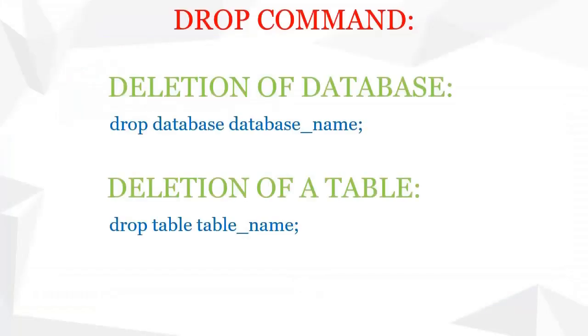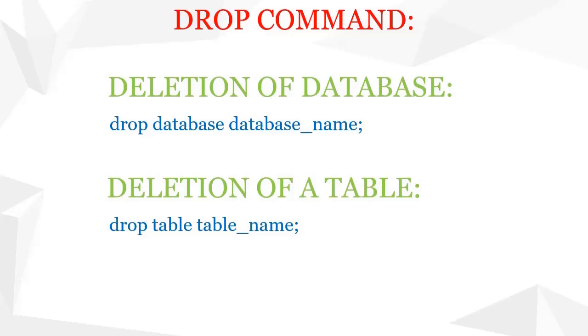Getting done with the create command, let us get into the drop command, okay. The drop command is used to delete a database or a database object like a table or a view within your database, okay. You can delete the complete database or a complete object. You will not have any traces of that object, okay.